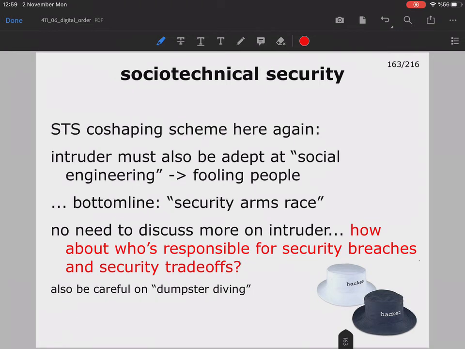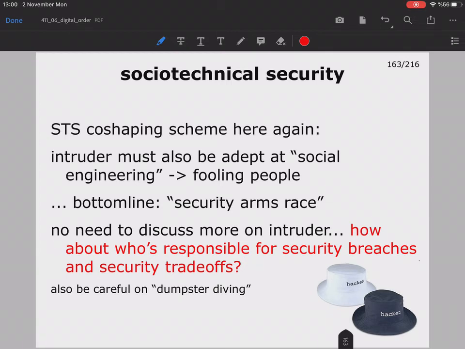It could make sense to say there is no need to discuss the intruder more, because they're evil guys doing what we expect them to do. They're trying to break into networks. That's it. We cannot do much about them. But how about who's responsible for security breaches and security trade-offs? We can focus on what we can do instead of focusing on the intruders. That is how we achieve sociotechnical security on the defense side, or this is the ideal case.